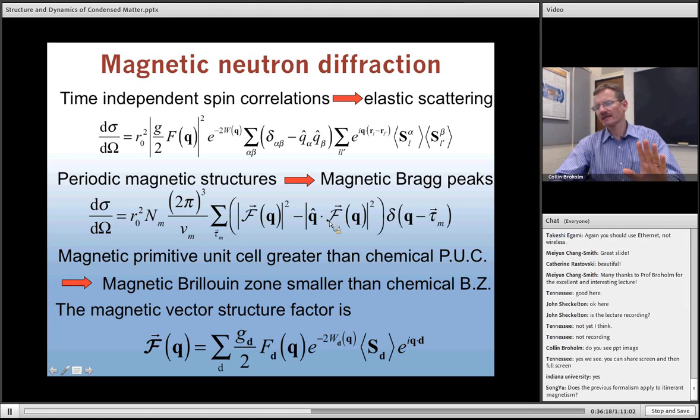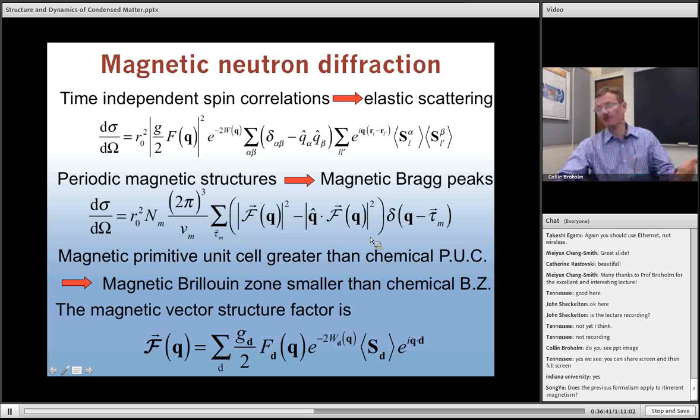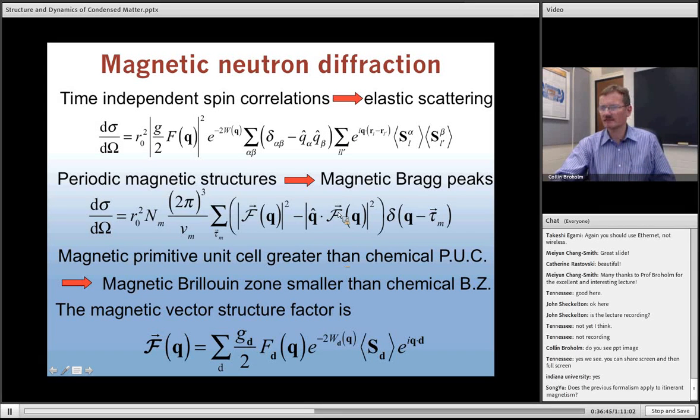So if all of the spins are pointing in some particular direction, and the wave vector transfer is also pointing along that direction, then this difference will vanish, and I have no diffraction at all. This is a pretty dominant feature in the cross-section. We call this the polarization effect or the polarization factor, and we use it when we try to determine the nature of these ordered magnetic structures.